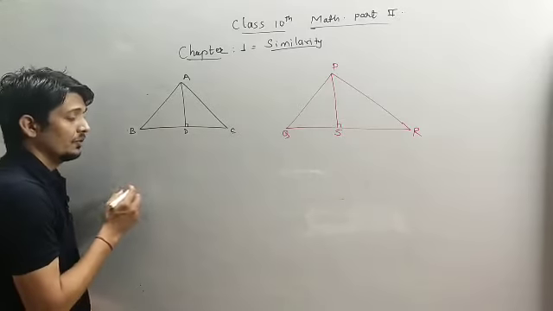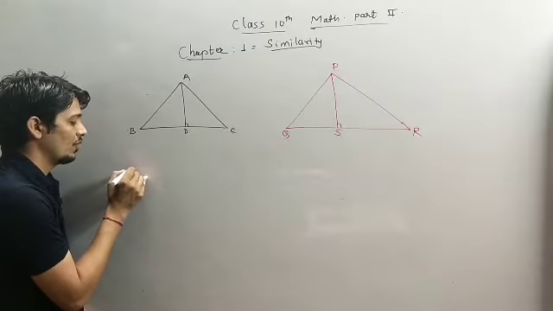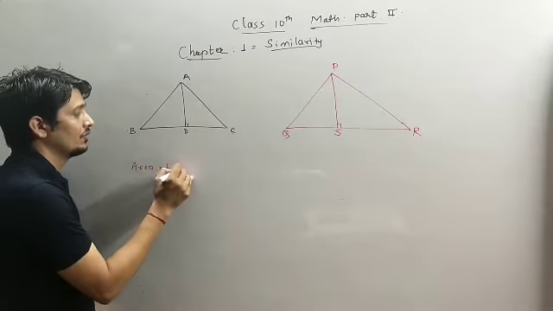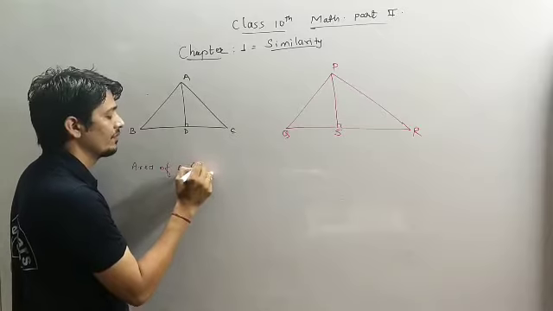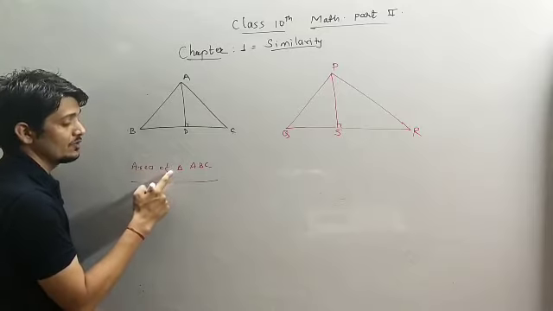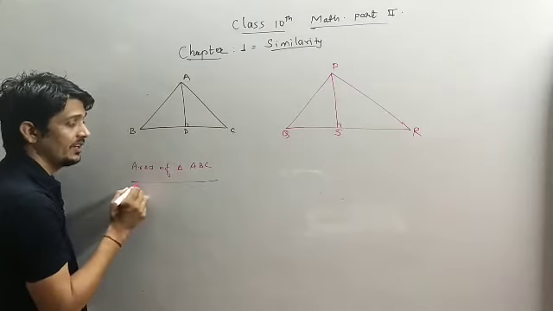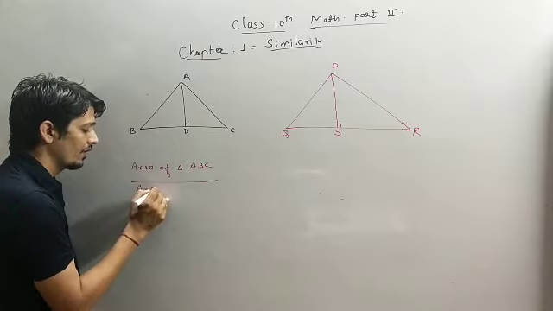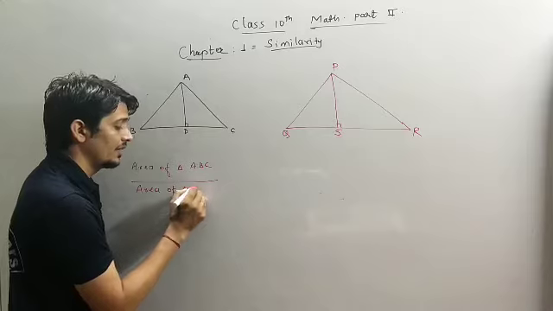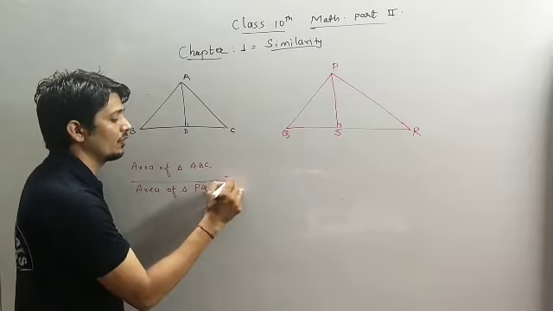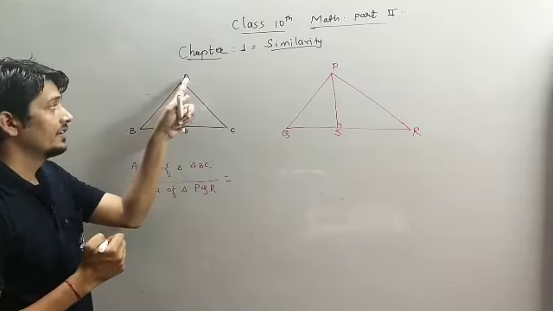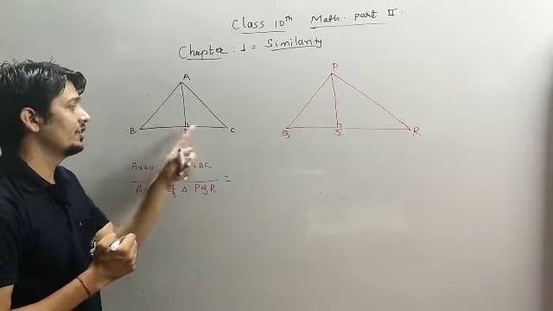We have to write the ratio of the area of triangle ABC. In a ratio we write in divide form. So area of triangle ABC divided by area of triangle PQR equals, what is the formula of the area of triangle ABC? It is half of base into height.